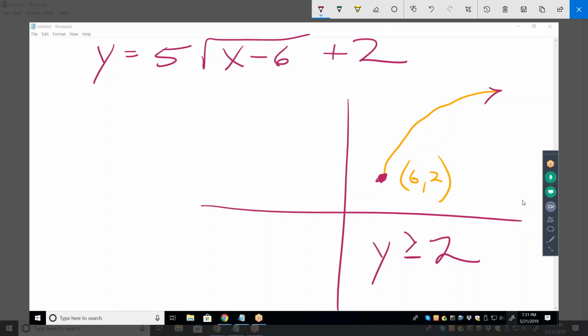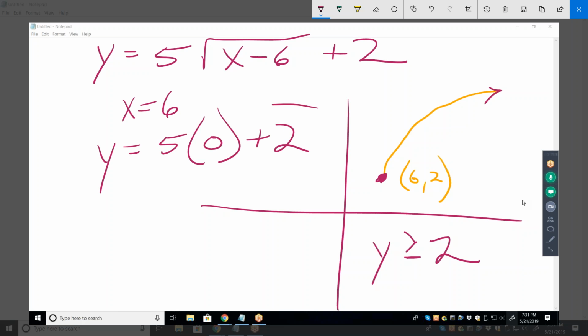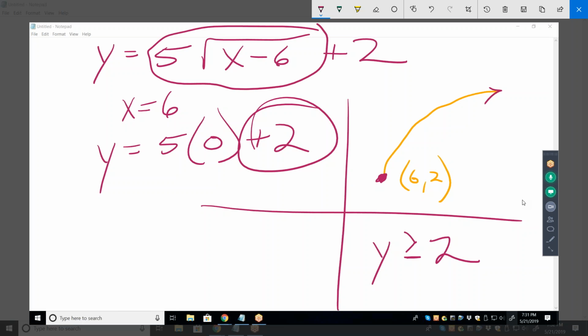How about if I let x equal 6? Then y equals 5 times 0 plus 2, meaning 2. There's no way y can ever be less than 2, because you cannot ever make that a negative number. The square root of a number is always positive.